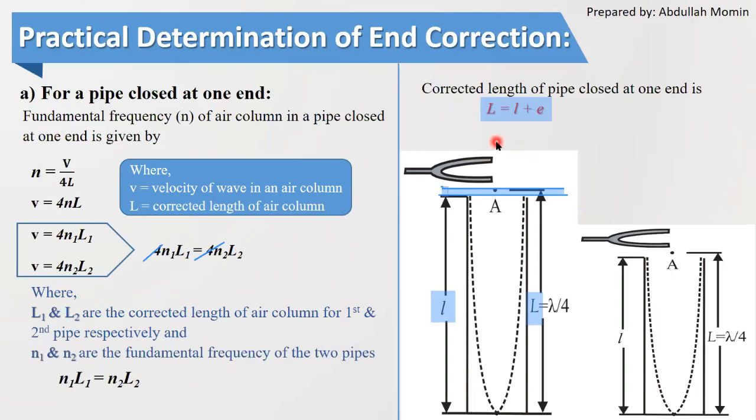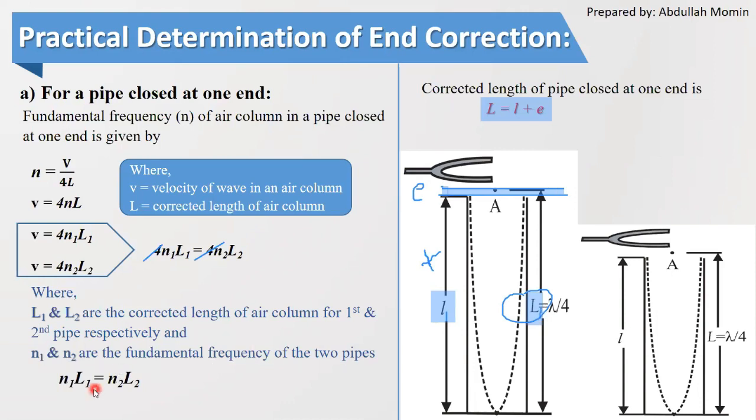So the next thing we are going to do, instead of capital L1, we are going to put a small l1 plus E. This distance is your E. So a small l plus E is equal to capital L, or we will say capital L1.